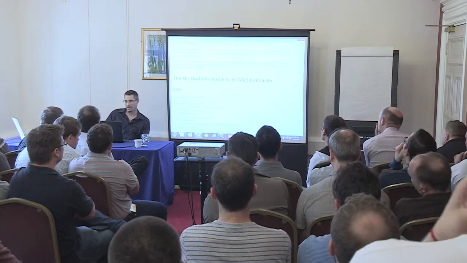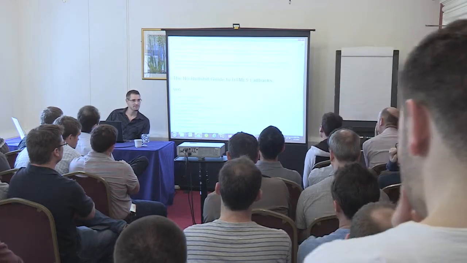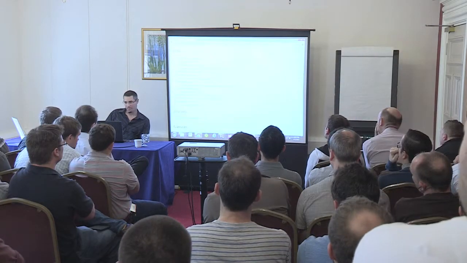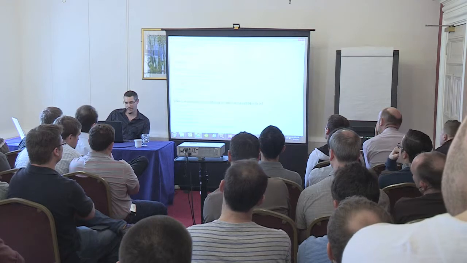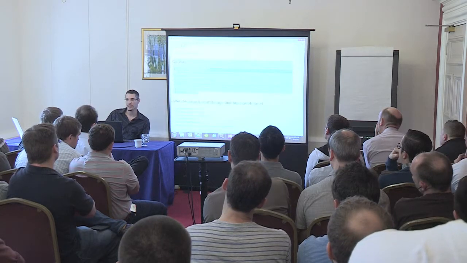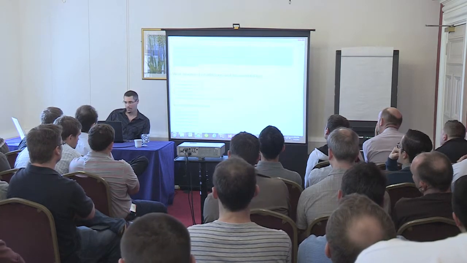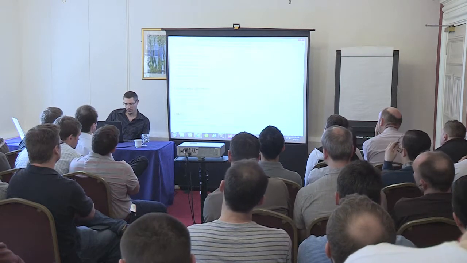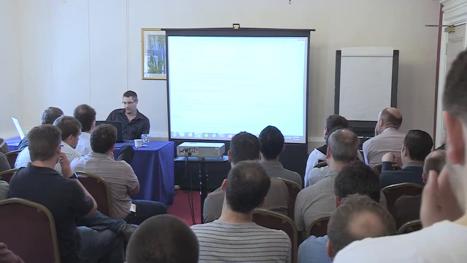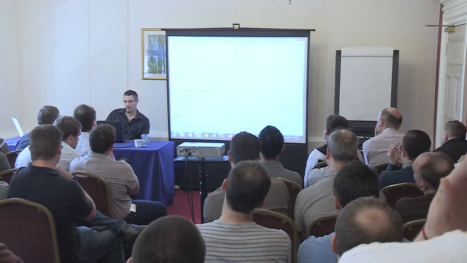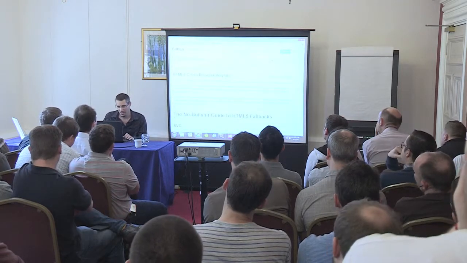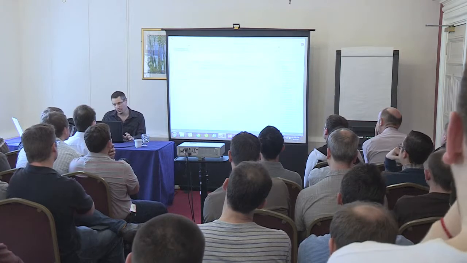Okay, the no bullshit guide to HTML5 fallbacks. Here are polyfills for SVG, for Canvas, for example, if you want to use Canvas today. Web storage, we'll talk about it tomorrow, sectioning, video, etc., etc. So a very big list, and you should use it.